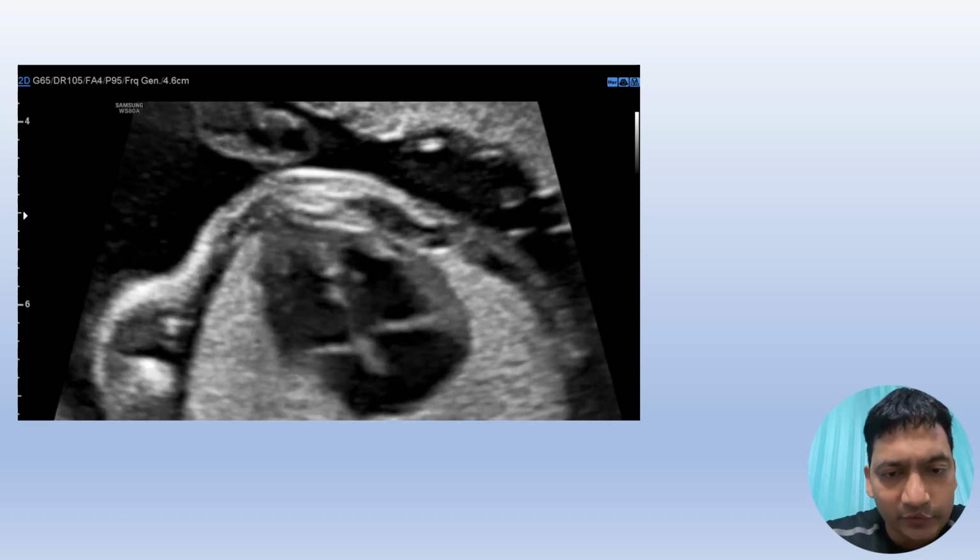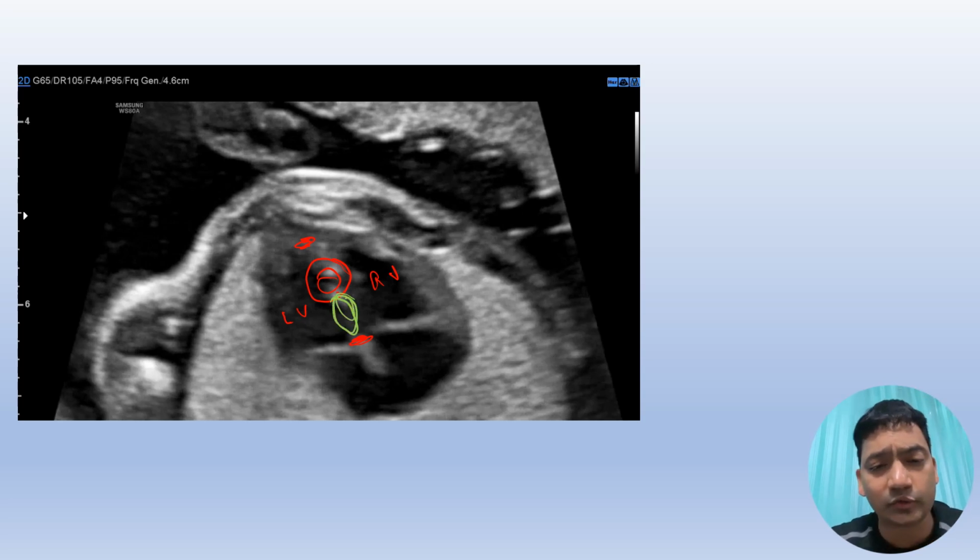And this is the crux, this is the apex of the heart, this is the LV, and this is the RV. And if you are seeing septal tissue between this VSD and the crux, the tissue which I'm marking with green pen is the normal septal tissue. So whenever you see normal septal tissue between the crux and the VSD itself, then that VSD is a muscular VSD.